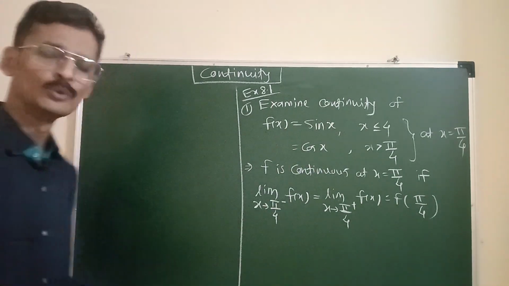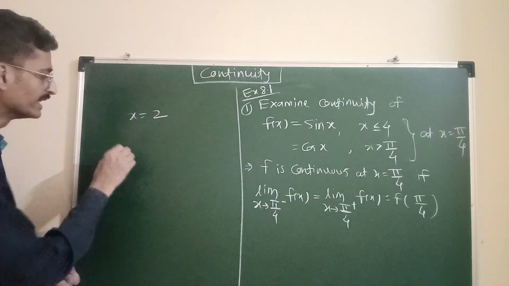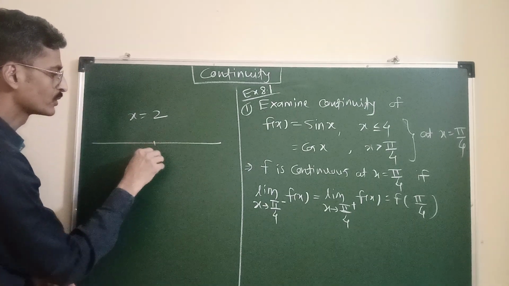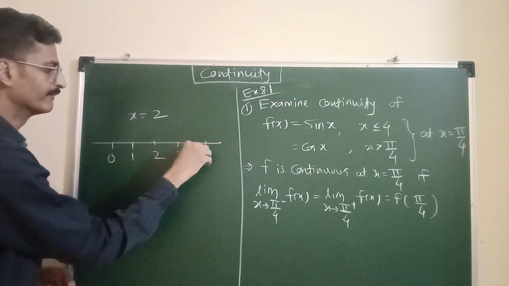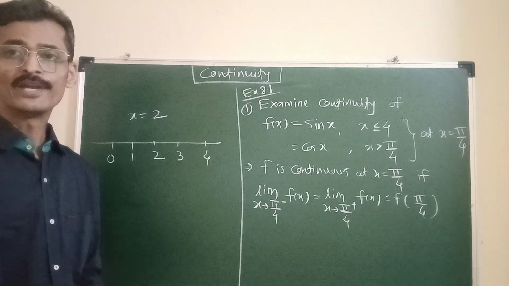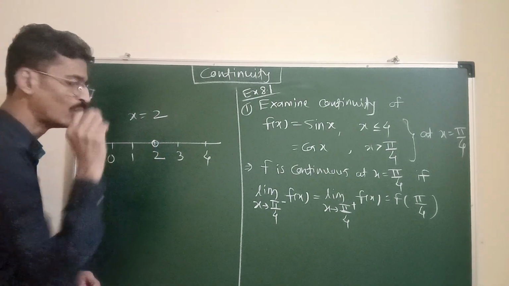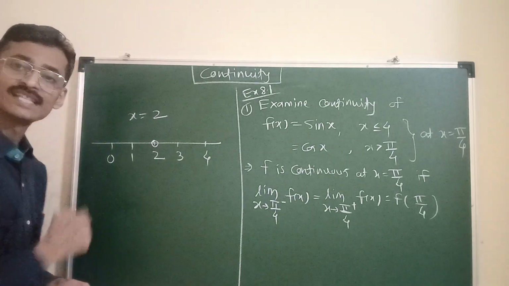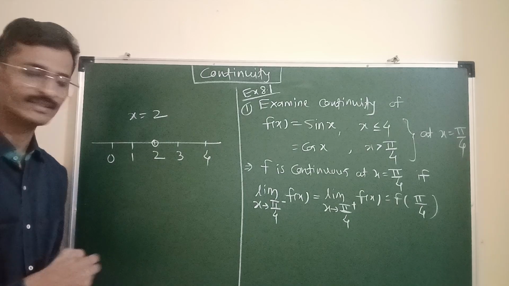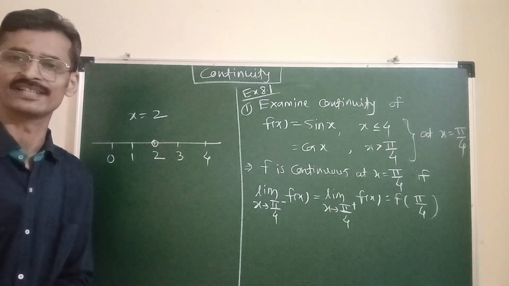Suppose the point is x equal to 2. Now on the number line, this is 2, then we can write here 1, 0, here 3 and 4. We have to check whether the given function is continuous at this point 2 or not. This is the less than side of 2, that is our left hand side, and here the numbers are greater than 2, that is our right hand side.